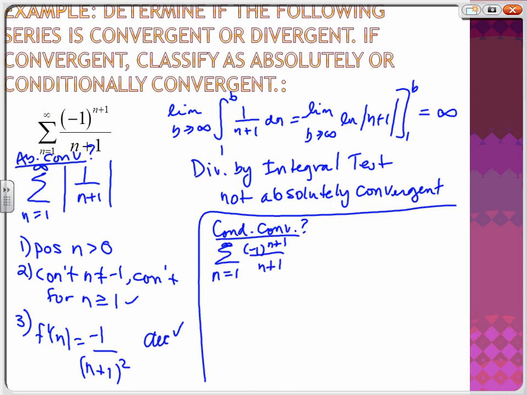What test are we going to have to try here? The new test, which is the alternating series test. So let's try the alternating series test. We have to do two things for the alternating series test.